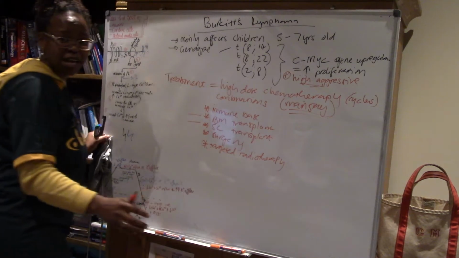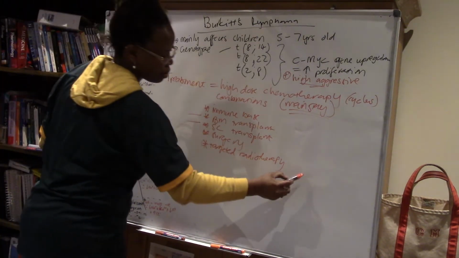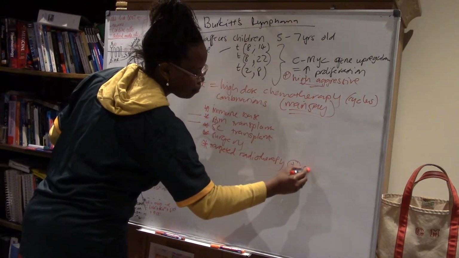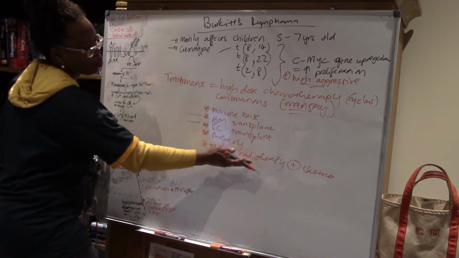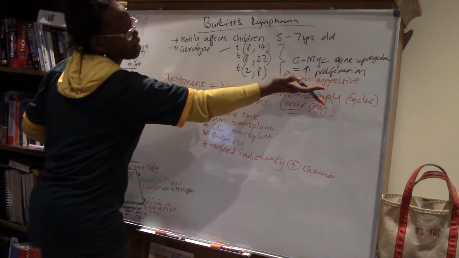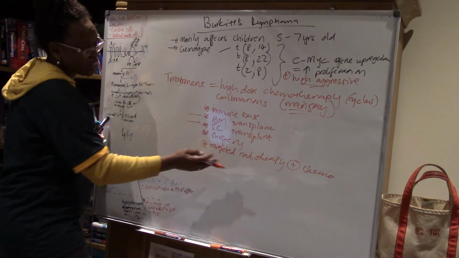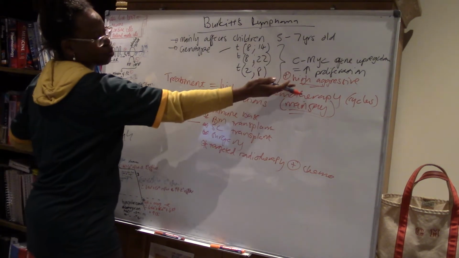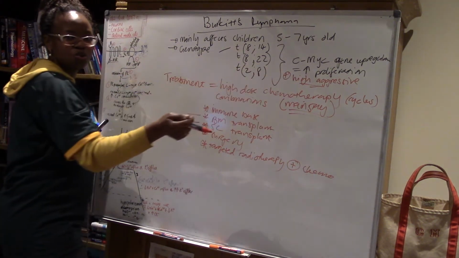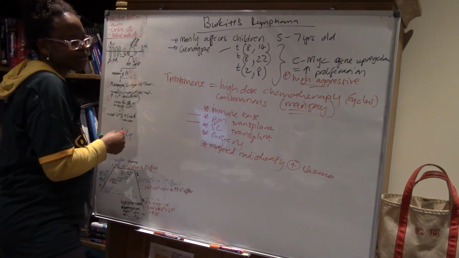Radiotherapy can be undertaken as part of chemotherapy, but radiotherapy cannot be used as monotherapy because this is a highly aggressive tumor that will not respond to radiotherapy. Radiotherapy is far too slow to actually kill the cancer.